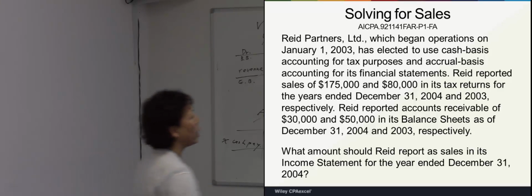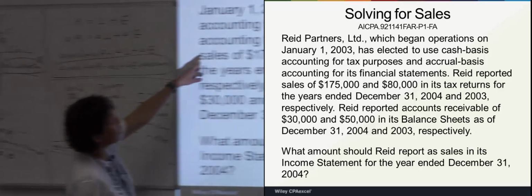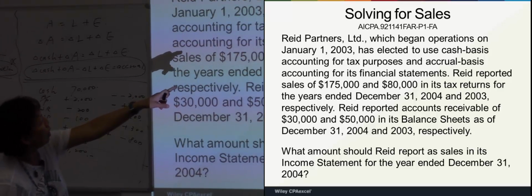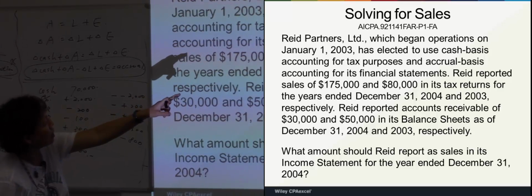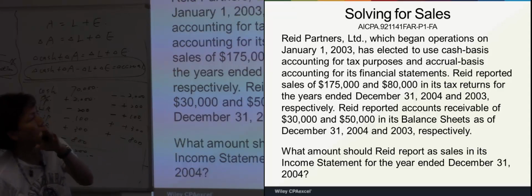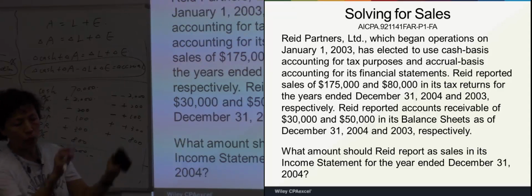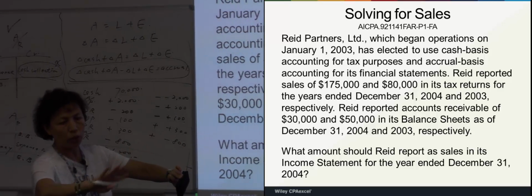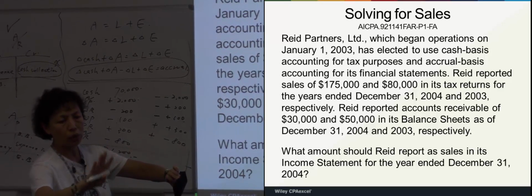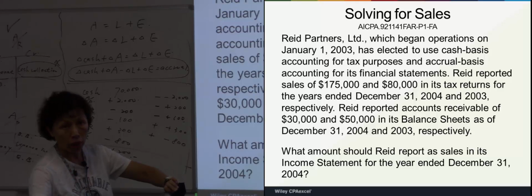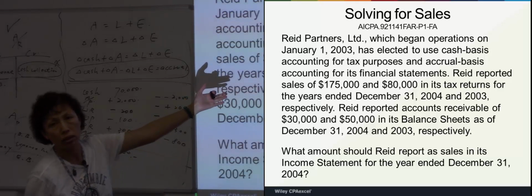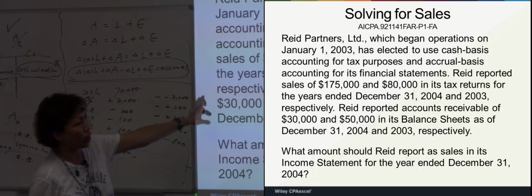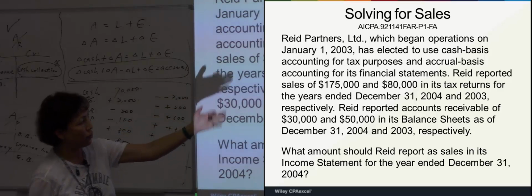The question says the company has elected to use cash basis accounting. Remember I indicated earlier that when we file an income tax return, we usually use cash basis. When we prepare financial statements, we are required to use accrual. So here is the case: cash basis for tax return, accrual basis for financial statement.